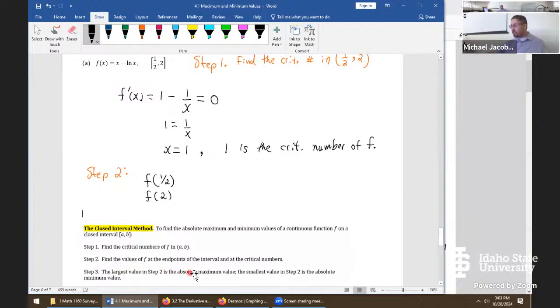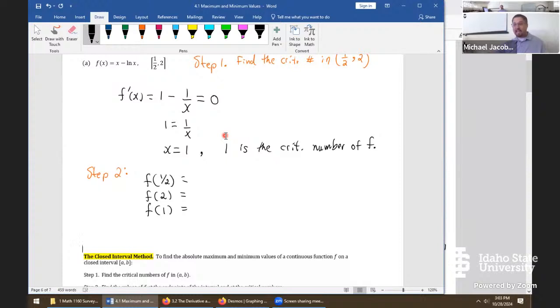Then it says find the values of f at the endpoints and at the critical numbers. Over here we said 1 is a critical number of f. So we need to calculate f at 1 next. So 3 computations. We have to give the exact values, so sometimes it's a good idea to just plug these into the function first, and then put them in the calculator if need be.